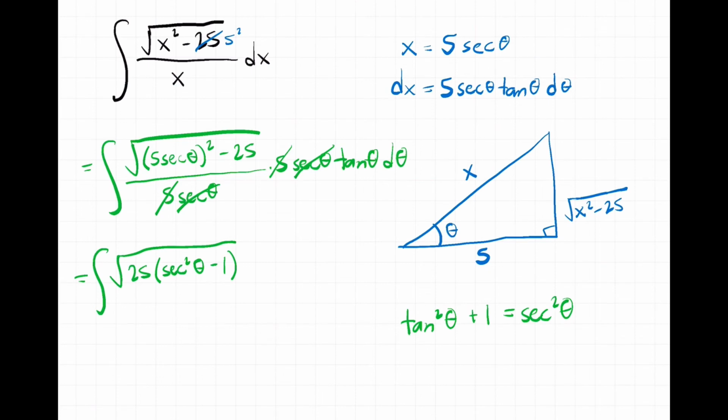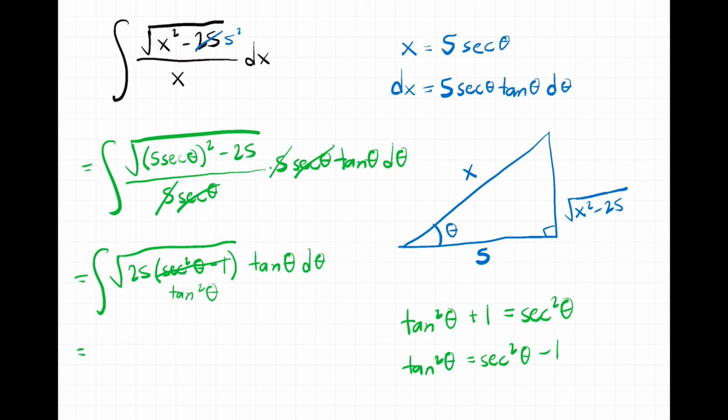We're not dividing by anything else anymore, we're dividing by 1. This is still times tangent of theta d theta. But what is secant squared theta minus 1? Well, if I take my Pythagorean identity, tangent squared theta is equal to secant squared theta minus 1. So I can actually replace this here with tangent squared theta.